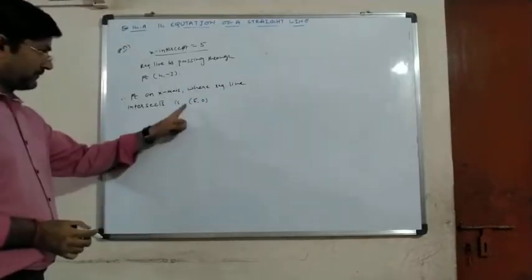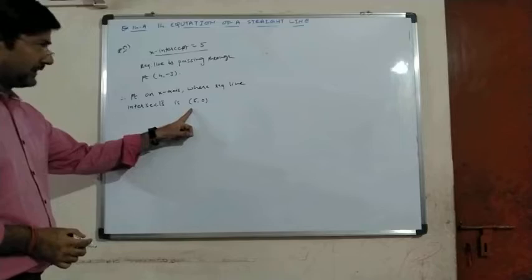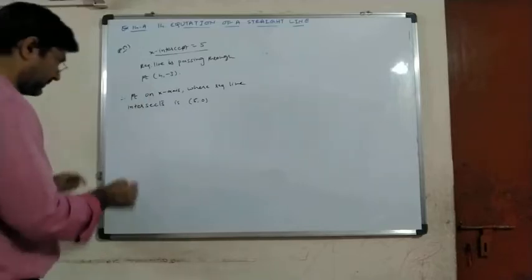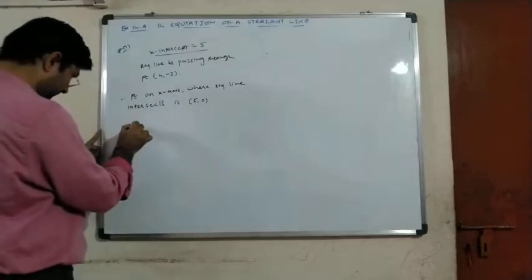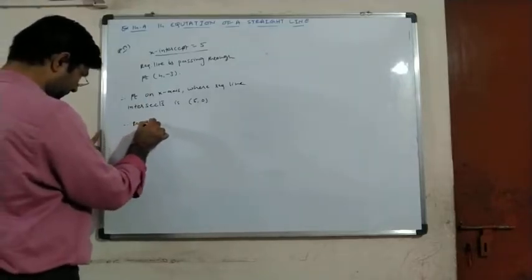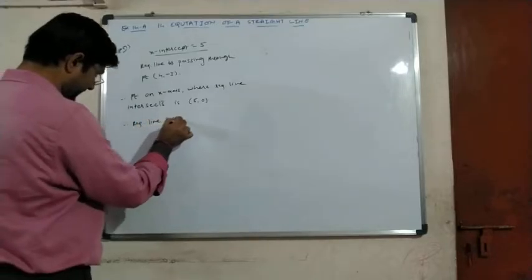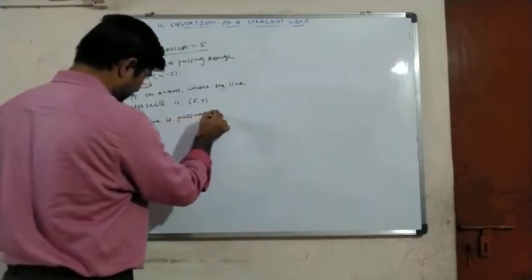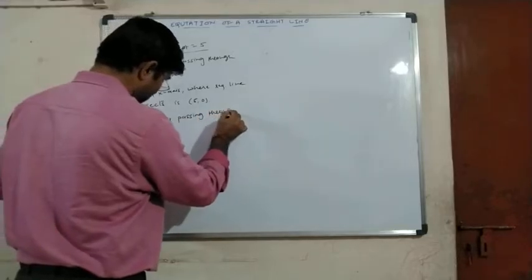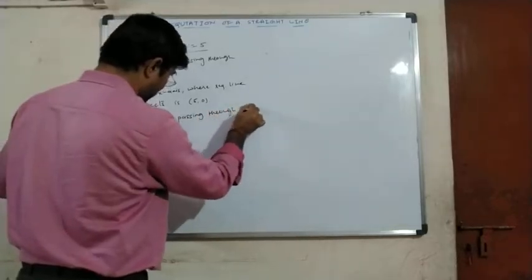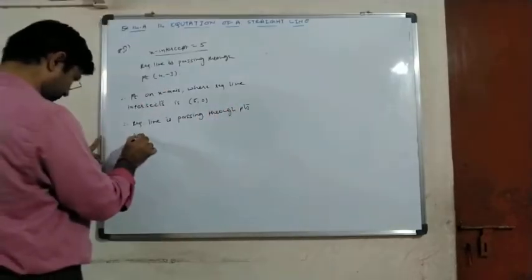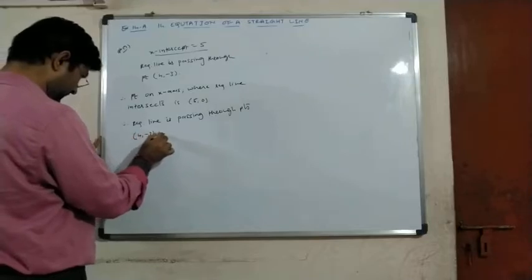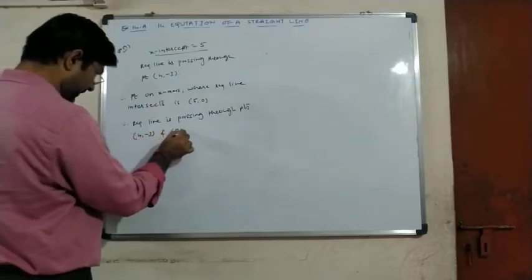So we have one point lying on the required line and another point is given. Therefore the required line is passing through the points (4, -3) and (5, 0).